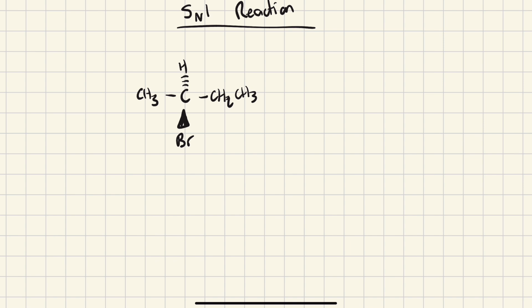What if we have a chiral carbon now? We have a Br on our wedge and the hydrogen back on the dash. It's going to be the exact same thing as before, where when we get our carbocation, we're going to be sp2 hybridized. We are only going to have 3 areas of electron density. So that means we're going to be trigonal planar. So we can remove the dash from the hydrogen, as they're all going to be on a plane.